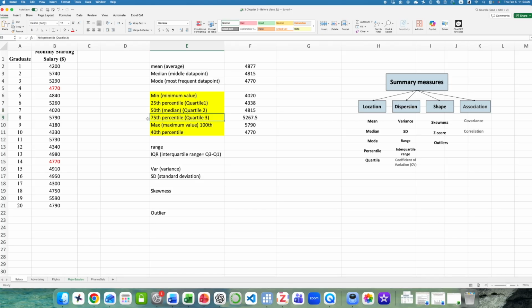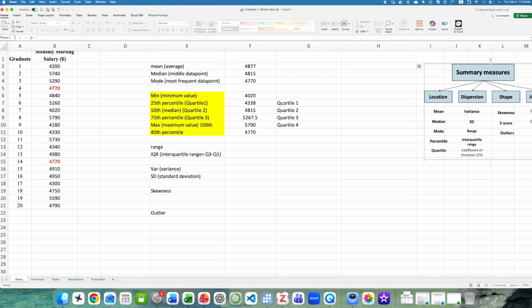The largest number in the third part is the 75th percentile, and the largest number in the fourth part is the 100th percentile. So we call this quartile 1, this is quartile 2, and this is quartile 3, and this is quartile 4, or in other words, maximum.